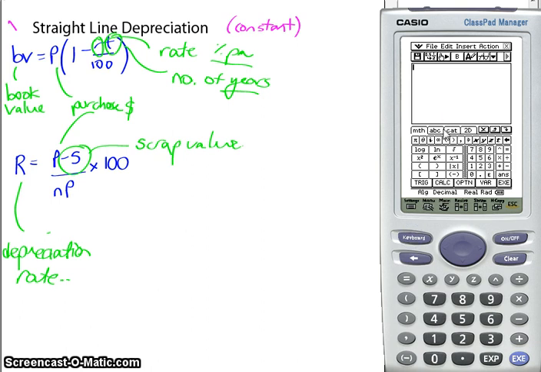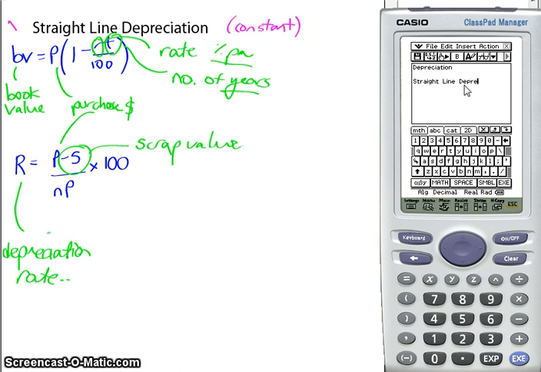For this, you'll need probably your keyboard so you can do some typing. You can write in some notes. So I'm going to start talking about here. This is about depreciation. I'm going to do straight line depreciation as this first one. You might like to put in what all the different things mean. You might need to say that BV is the book value, P is the purchase price, R is the interest rate, the depreciation rate.